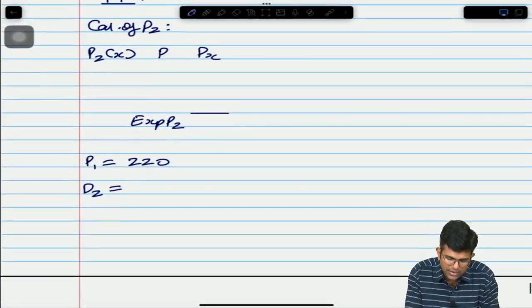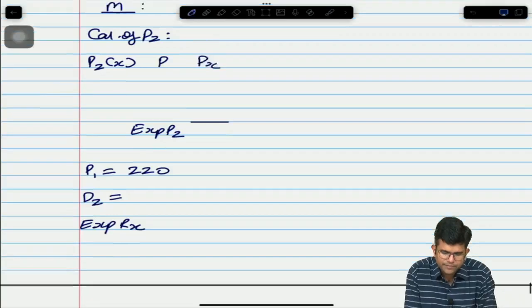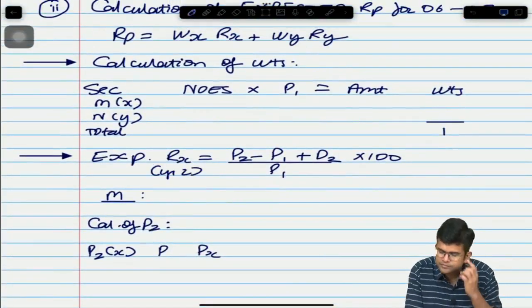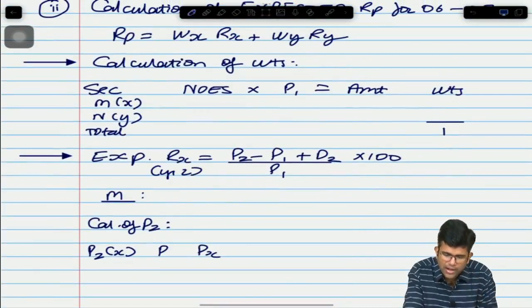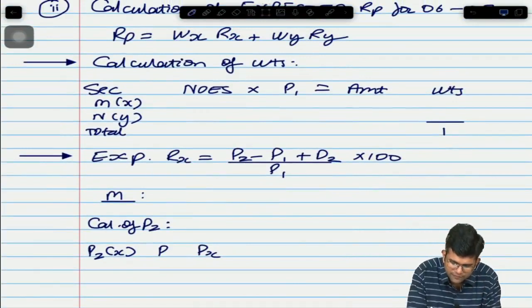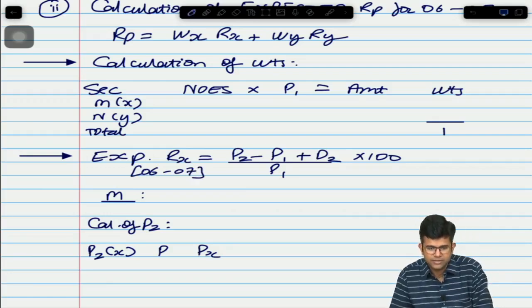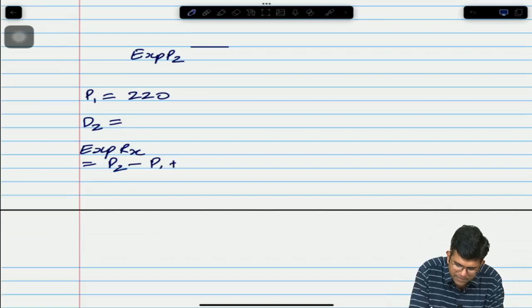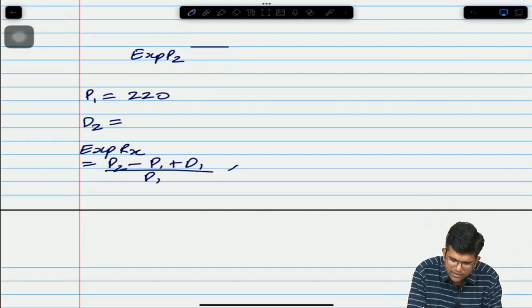Students, I think you can easily find now expected Rx, expected Rx for year 2. Everyone clear? Or I can also write like this, expected Rx for 6, 7. Formula will of course be same. It will be P2 minus P1 plus D2 upon P1 into 100.